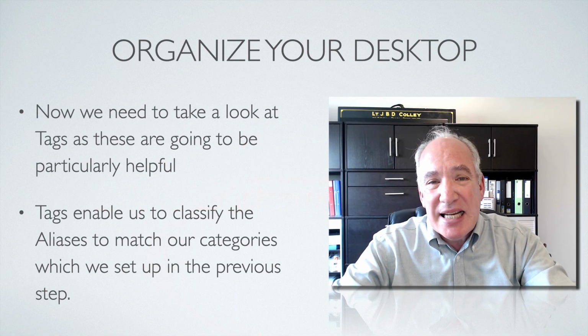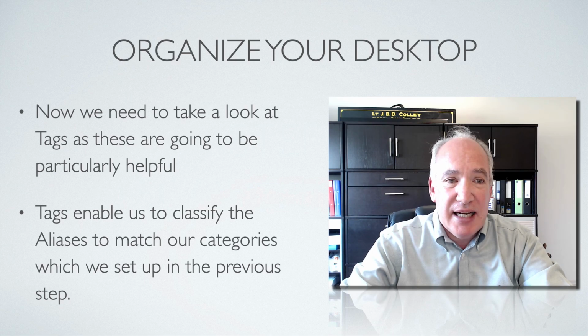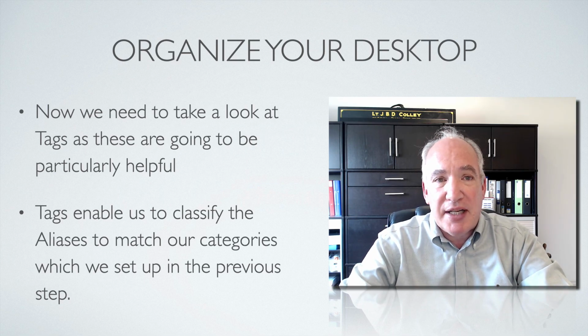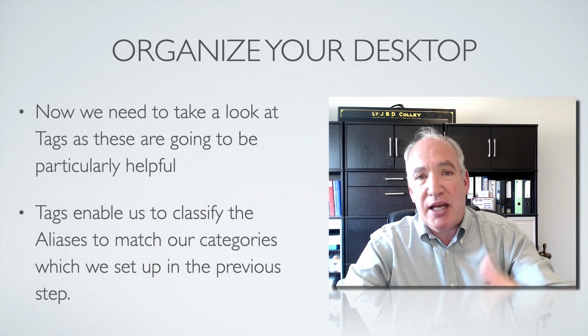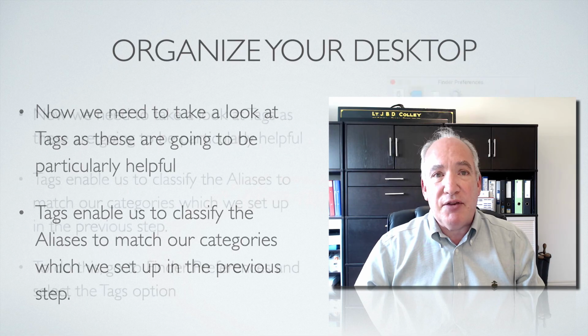Tags are particularly helpful, and we are going to use them because they allow us to classify the icons very easily. And this means that we can then manipulate them and use them on the desktop, and it becomes a useful means of controlling how we can find things and how we can lay things out.